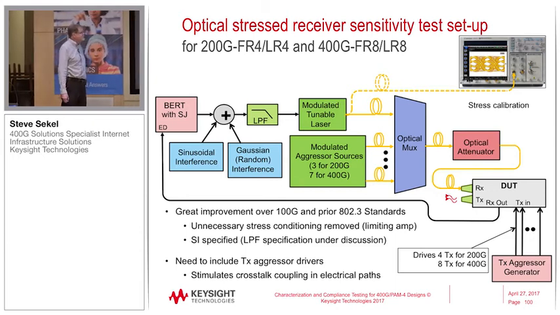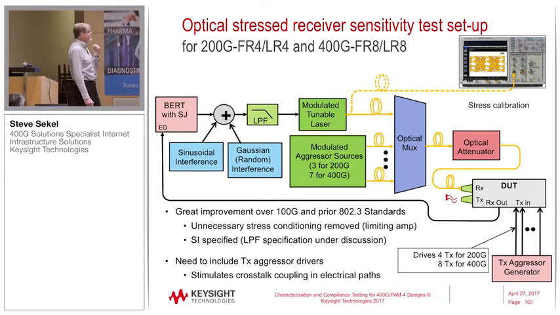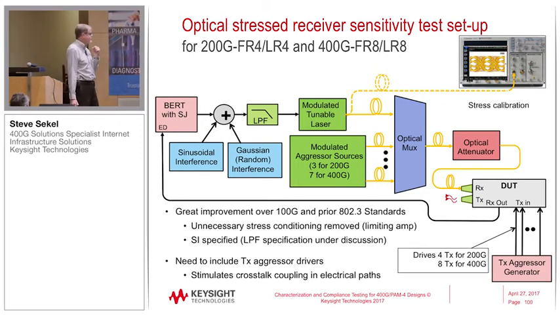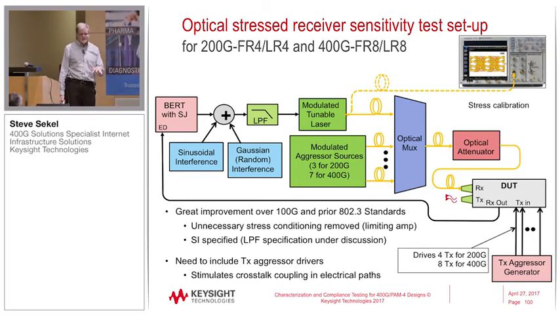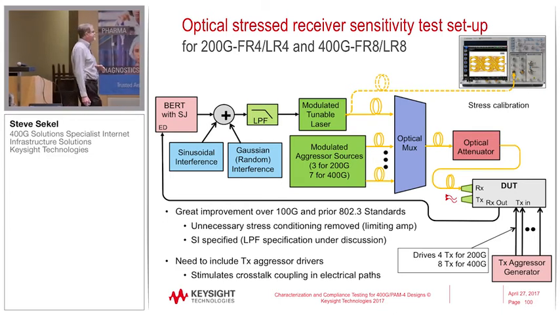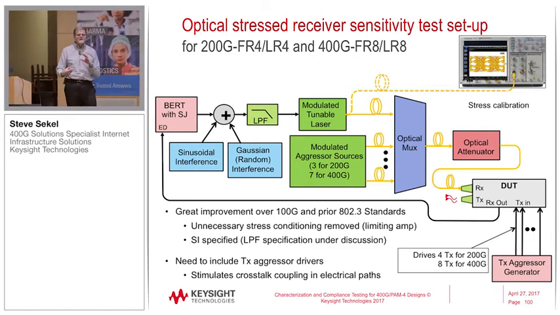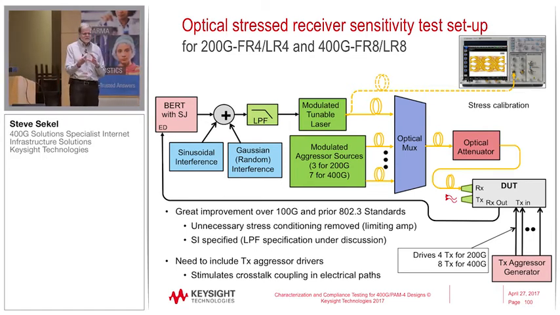It's a redo of what we've been doing for years and years. I never liked it with 10G and 100G, particularly 100G, because there are a lot of stress issues where the IEEE, in my opinion, was pretty bad: they put parts in the stress block diagram and did not define the values.